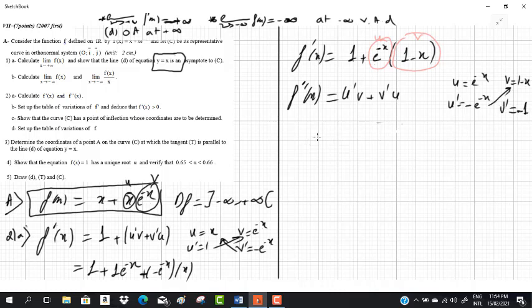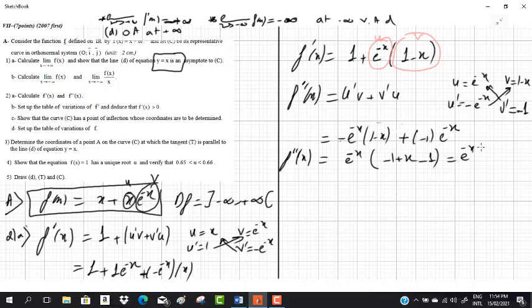U prime v is minus e minus x times 1 minus x, plus v prime u, minus 1 times e minus x. As always, I take the exponential as a common factor when I can. Inside we get minus times 1 minus x, minus 1, which equals e minus x times x minus 2, or we can write it x minus 2 times e minus x.